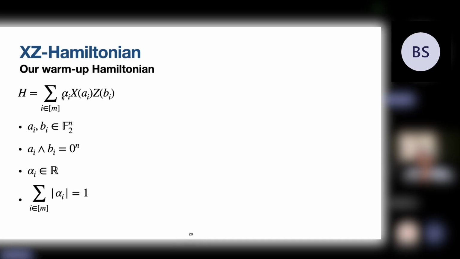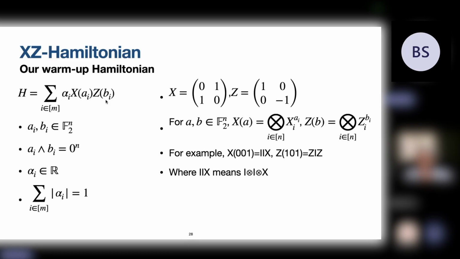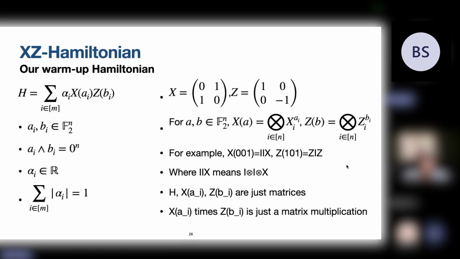For this Hamiltonian, you have a coefficient alpha_i, and the L1 norm of alpha is 1. Say A and B don't have any interaction. The notation X_A just means you apply an X gate on the places indexed by A. I'm not sure all of you saw this definition, do you have questions?